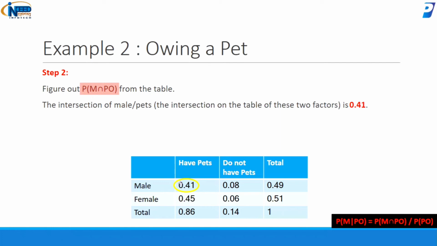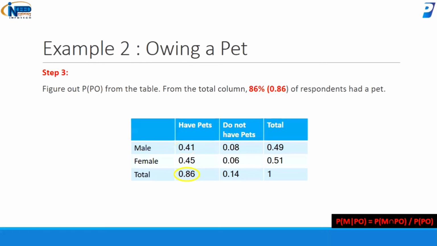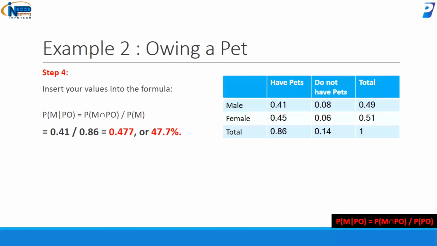You can see that 41% are males who are also pet owners, so 0.41 is the probability. Next, we have to find the probability of pet owners. This is the total probability of pet owners, irrespective of whether they are male or female, which is 86% or 0.86.